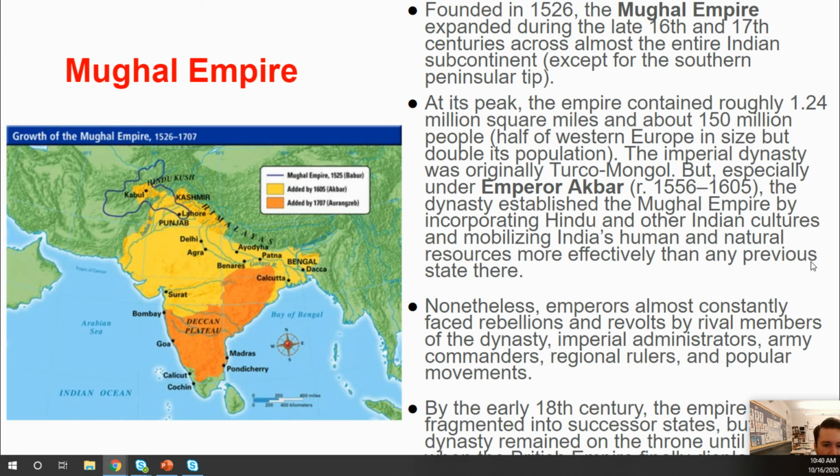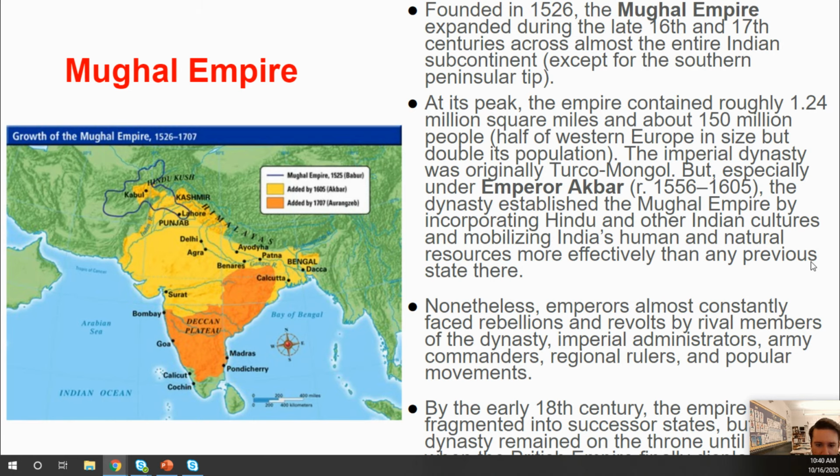But the Mughal Empire is going to have several huge expansions, and one of the emperors that gets credit for a huge part of what becomes the Mughal Empire is the Emperor Akbar. And he is going to rule over this area. Even though he himself is Islamic, he understands that the people he's conquering are Hindu.